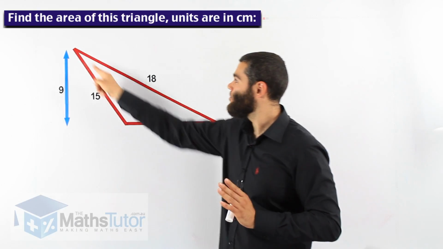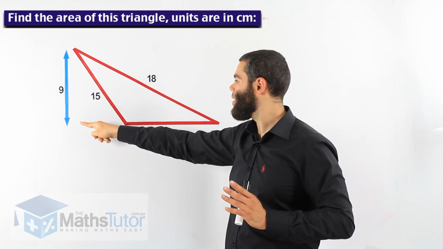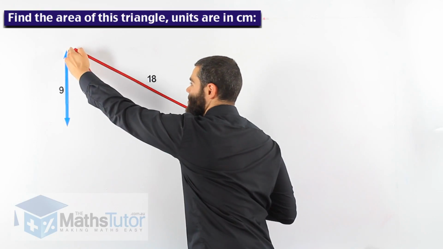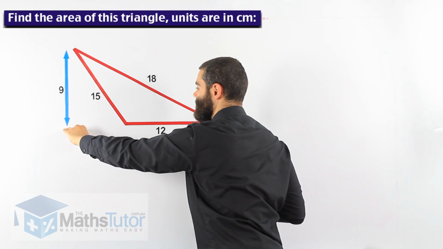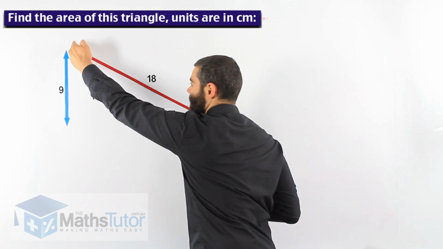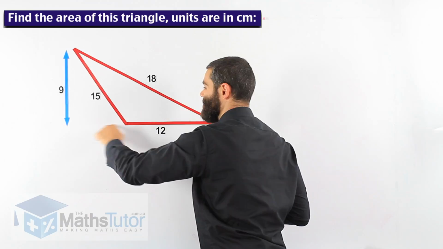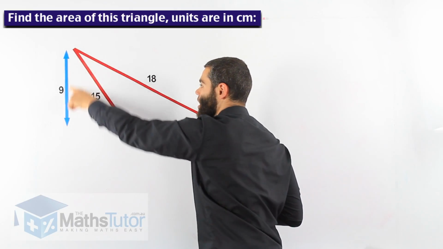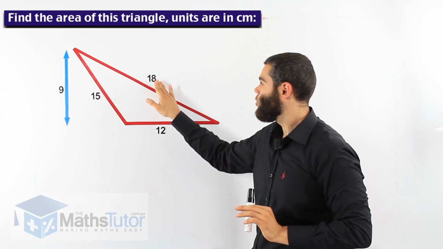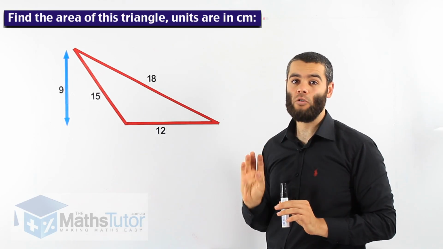Where is the vertical height? There it is. It's the highest point of the triangle all the way to the base. The base is here, and it meets that height at right angles. This is the vertical height. Very important for us to recognize that. So be careful. We don't use 15, nor do we use 18. Those are just the measurements for those sides, but we don't use them at all.